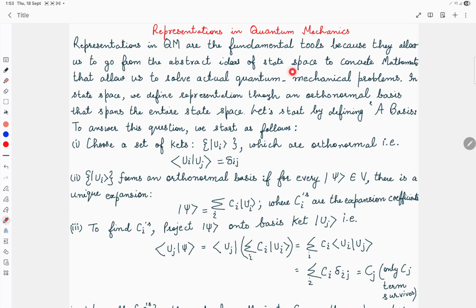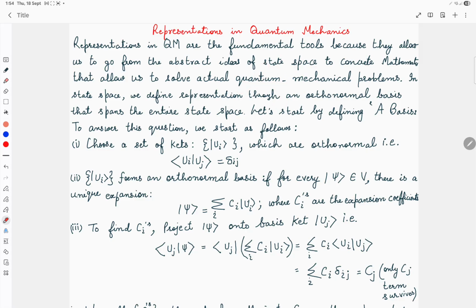To explain the state space, let us go into the classical world and think of vectors in classical terms and the vector space. For example, you have a two-dimensional space, and you will have two axes, x and y, let's say. Those two axes will be termed the orthonormal bases.